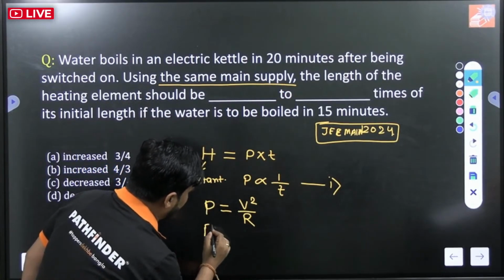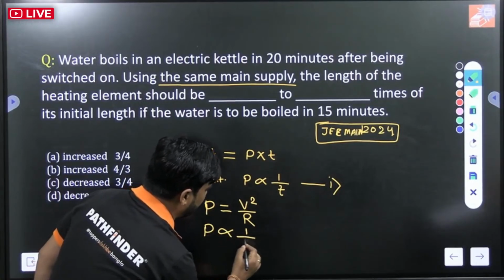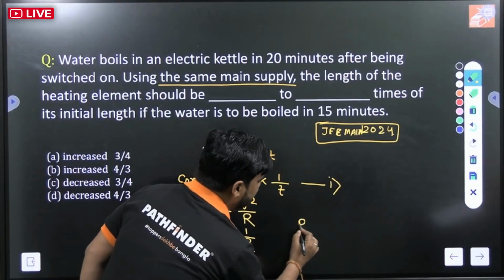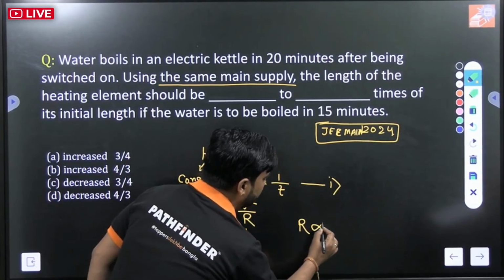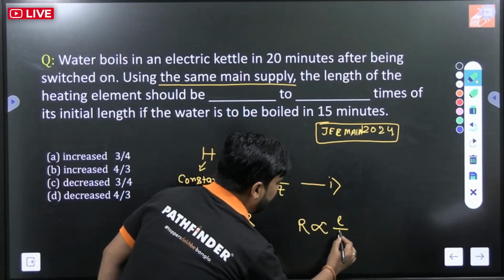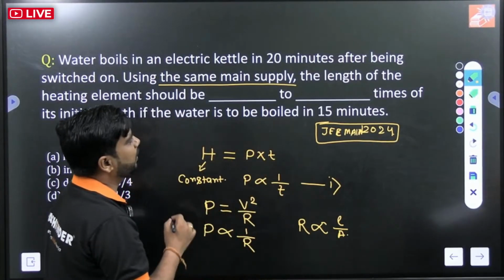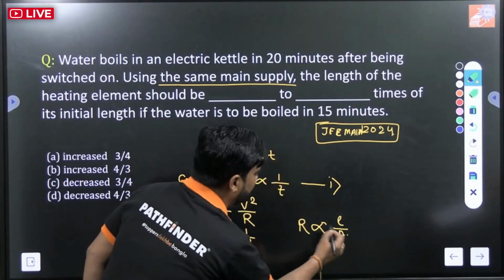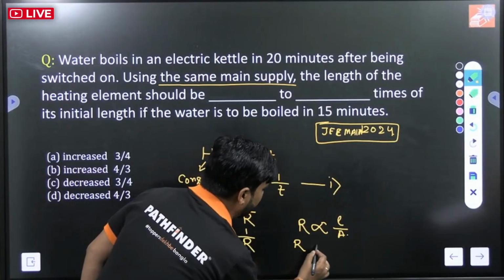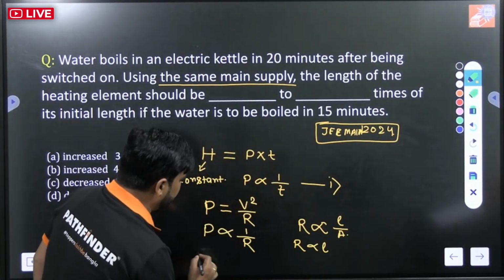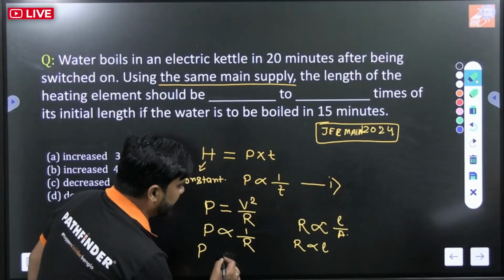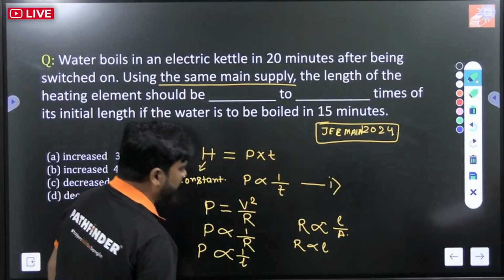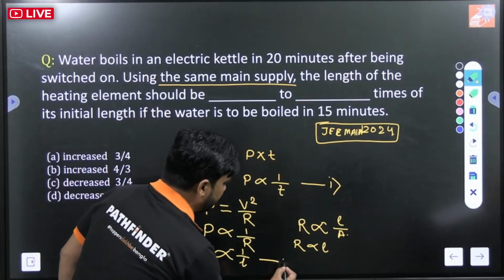So can we say power is inversely proportional to R, and we know that R is proportional to L by A. Since here we are changing only the length, not the area, can we say R is proportional to length? So here basically what we are getting is P is inversely proportional to length. Clear? This is your equation number 2.